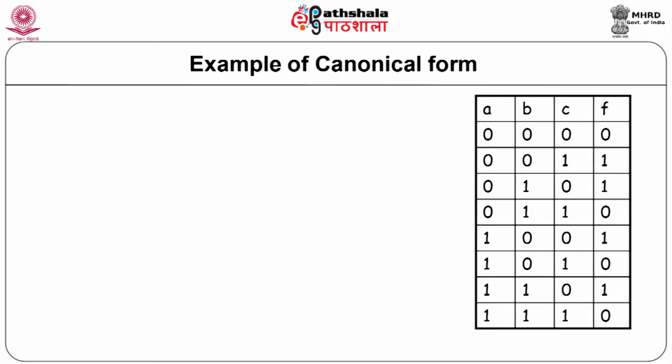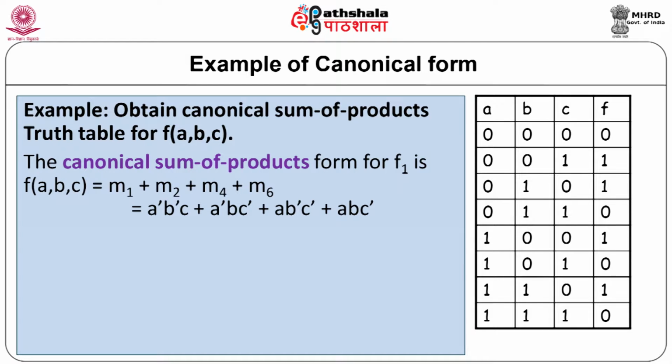You can see from the truth table that there are only 4 functions which are present at the output, and their corresponding terms give the canonical sum of product form for the function f, which is given as f is equal to m1 plus m2 plus m4 plus m6, which is also equivalent to the min terms expressed in terms of the product terms.